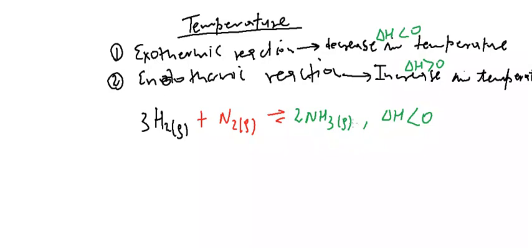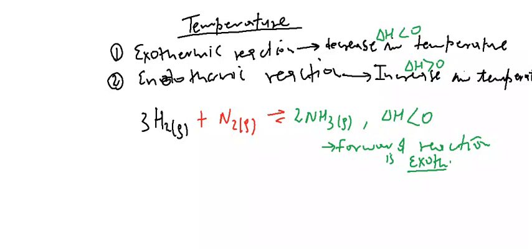So in this case, delta H is less than 0, therefore forward reaction is exothermic reaction. Forward reaction is exothermic.